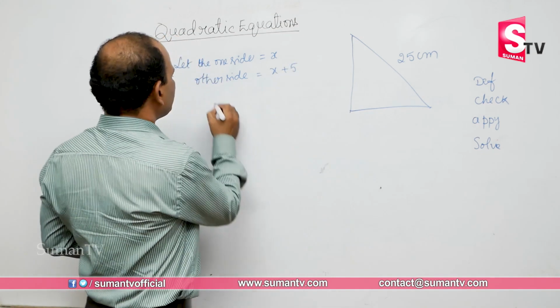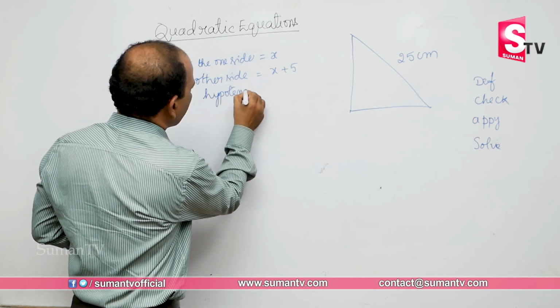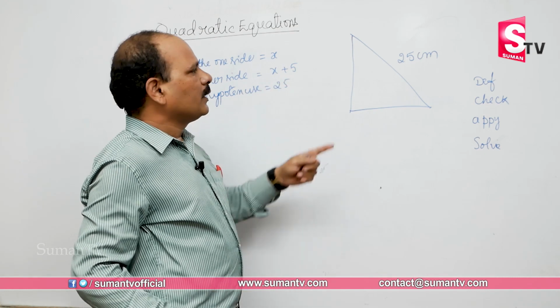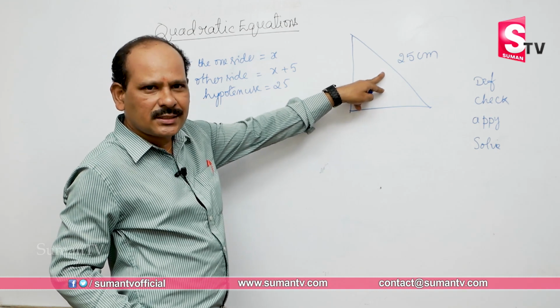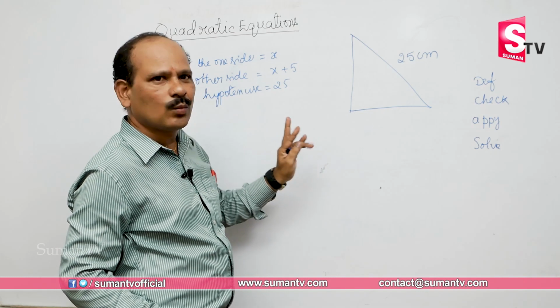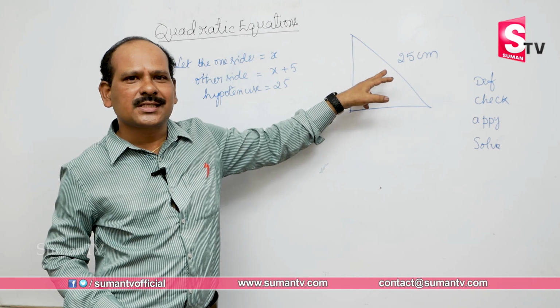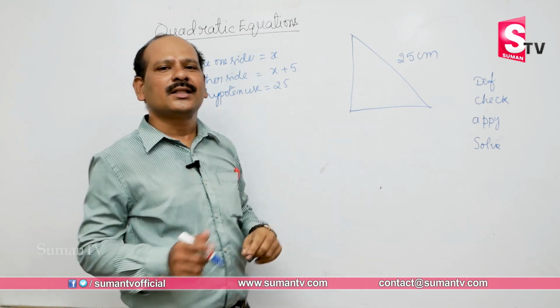Given that the hypotenuse is equal to 25. Now in a right angle triangle, the square of the hypotenuse is always equal to the sum of the squares of the other two sides. Once again I will explain: the square of the hypotenuse is always equal to the sum of the squares of the other two sides.